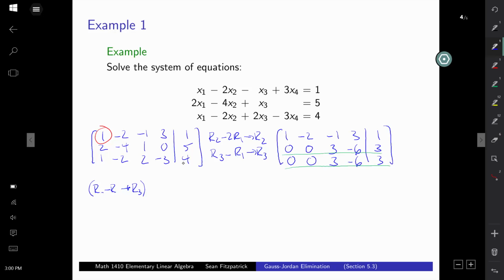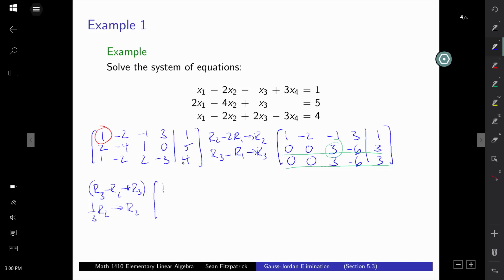I mixed up my subscripts, row 3 minus row 2. The other thing I need is, in row 2, the first non-zero entry in that row, this 3, I need that to be a 1. I need a leading 1. How can I get a leading 1? I can divide by 3.